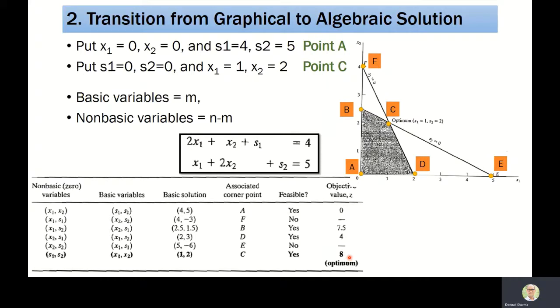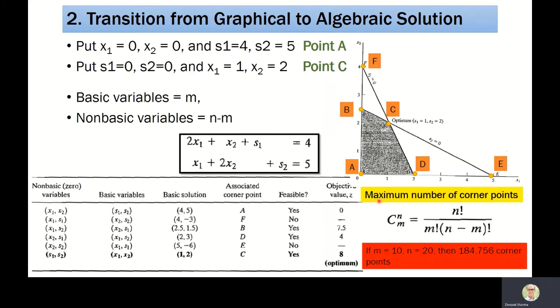For any problem which has m number of equations and n number of variables, this could be the maximum number of corner points. If we take, say, m equal to 10, n equal to 20, a very large number of corner points can be seen here.